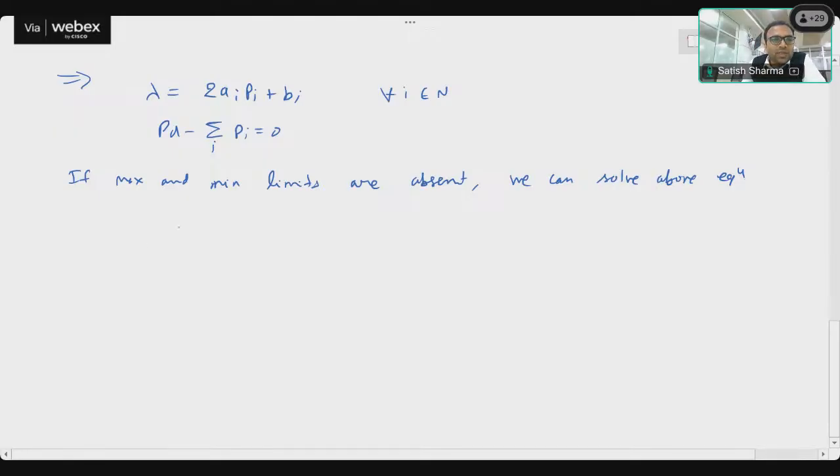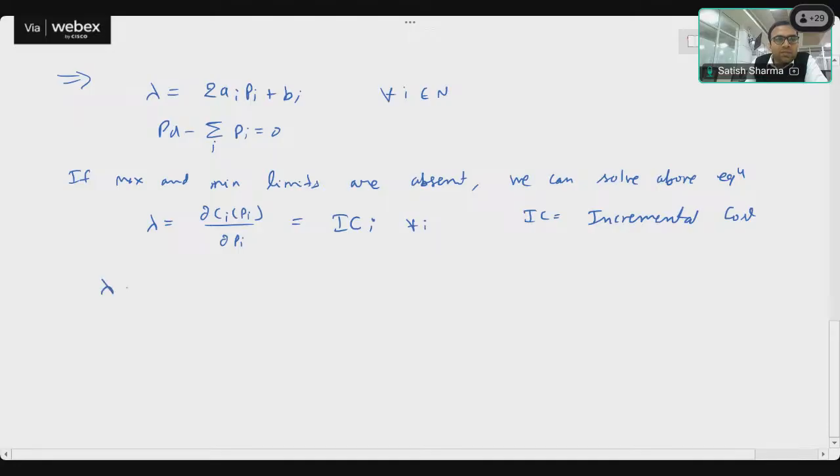And you can see that this lambda is nothing but del Ci upon del Pi. Generally we call it incremental cost, IC, the incremental cost of generator i. We have to write this for all i.